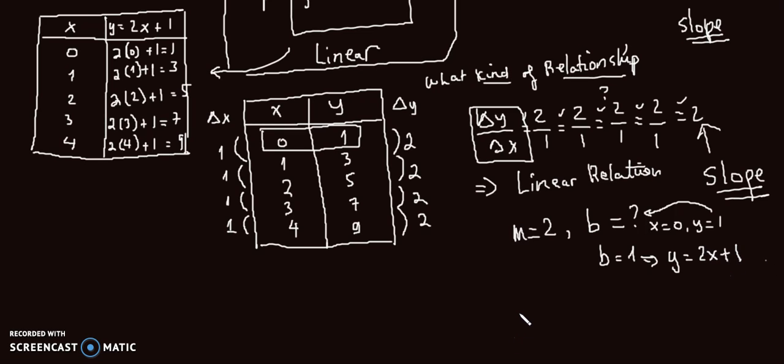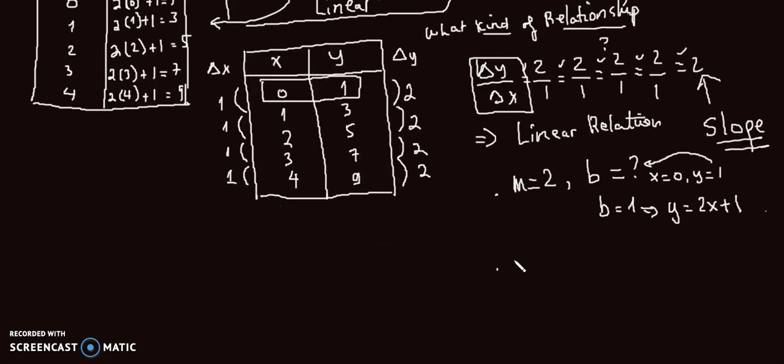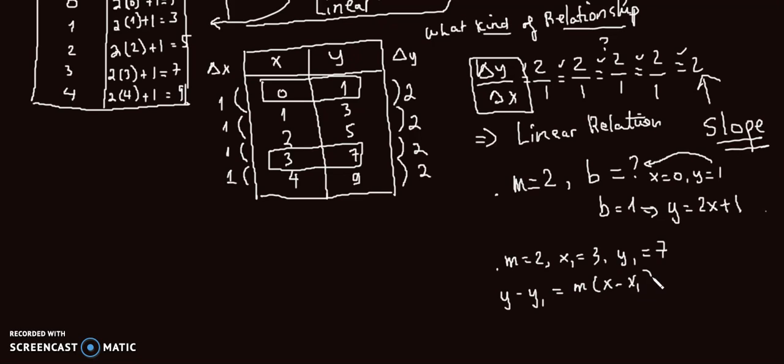Now, can I do it differently? Yes, of course. You're more than welcome to do it another way. Another way of doing this is to use point-slope form. You have slope equal to 2 already, and you just choose one random pair. For example, I choose 3 and 7, so x1 equals 3, y1 equals 7. My point-slope equation would be y minus y1 equals m times x minus x1.